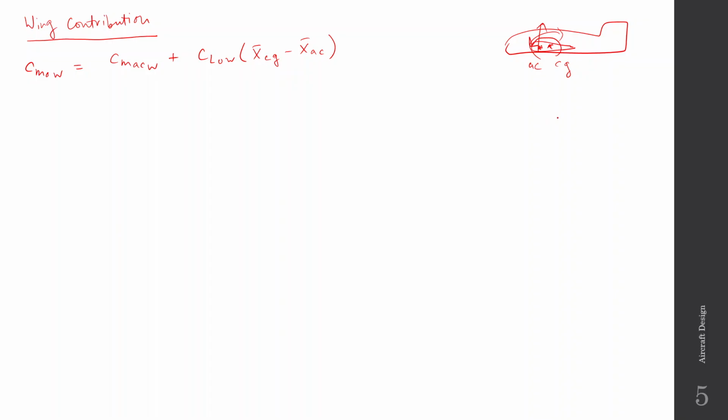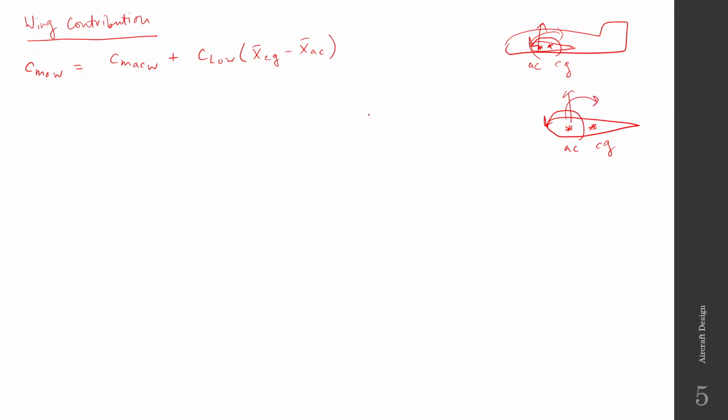So if I now draw a bigger picture of the wing, this is the AC and this is the CG. There is a negative moment, because the wing consists of a cambered aerofoil, so it produces a negative moment, and the lift produces a positive moment.